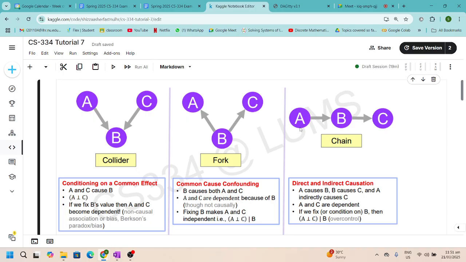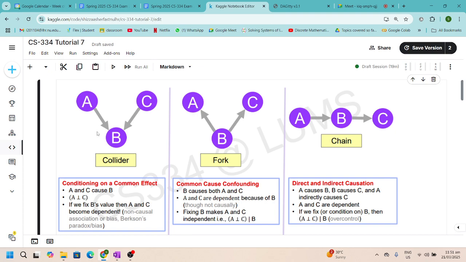So a very simple way of putting this is, जब आप chain देखते हैं A, B and C, so A and C के बीच में path is open through B. When you look at a fork, so there is still a path open between A and C. But when you look at a collider, तो अगर एक path पे collider present हो, it means that the path is blocked.